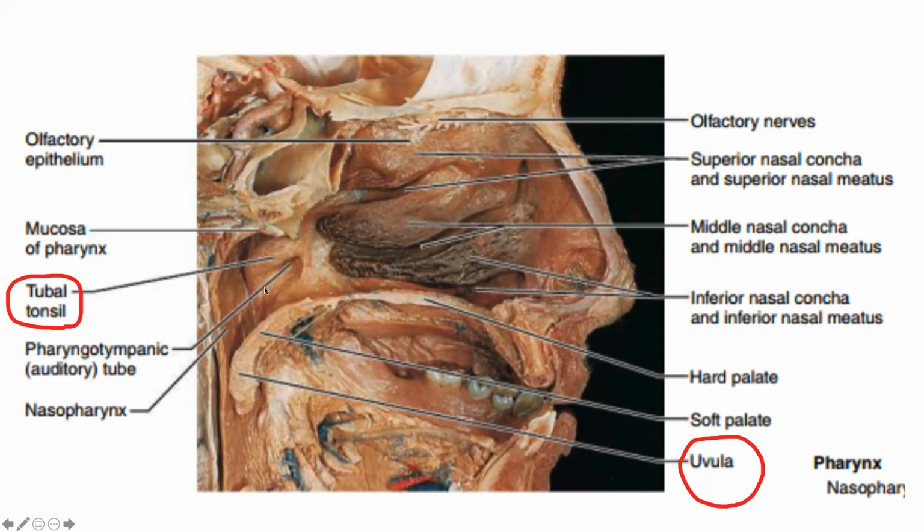Pharyngo means pharynx, tympanic means ear cavity. So this tube will connect the pharynx and the ear cavity. And just above the auditory tube or pharyngotympanic tube, we have the tubal tonsil.